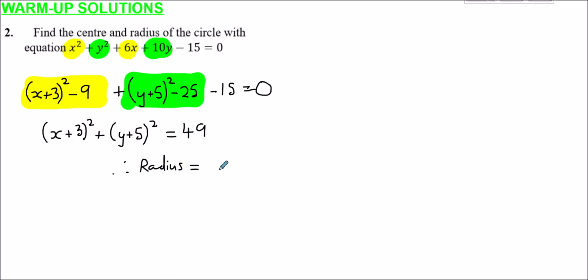So the radius is root 49, which is 7. And the centre corresponds to the numbers in the brackets. So all we need to do here is look at the numbers and switch the signs. So plus 3 becomes negative 3. Plus 5 becomes minus 5.